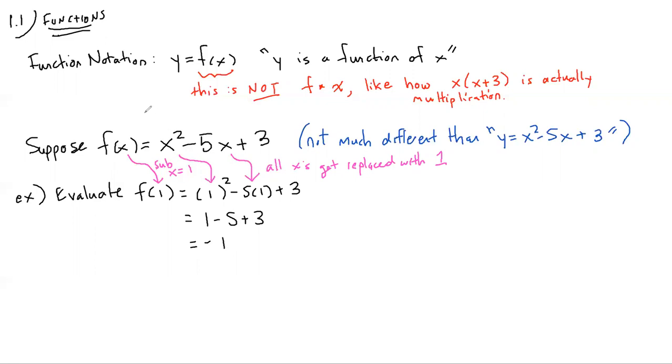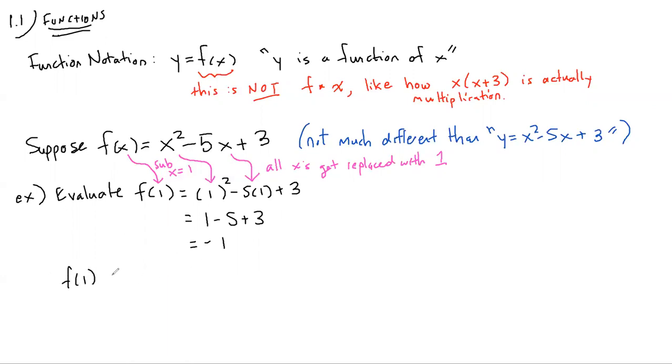So the idea is we have an equation that we started with, f of x equals x squared minus 5x plus 3. We know that with equations, if we're doing any algebraic operations or solving things, we always do the same thing to both sides of the equation. That's what we've done here. Every x on the left turned into a 1, so every x on the right turns into a 1. It's the same principle that you probably learned in grade 9-ish. So we get f of 1 equals negative 1.